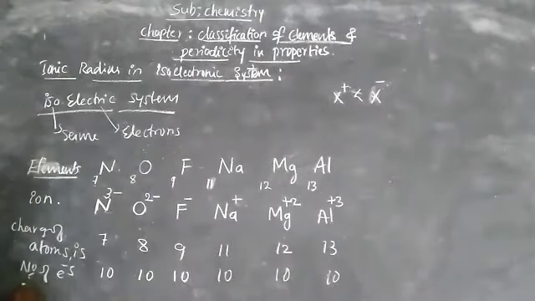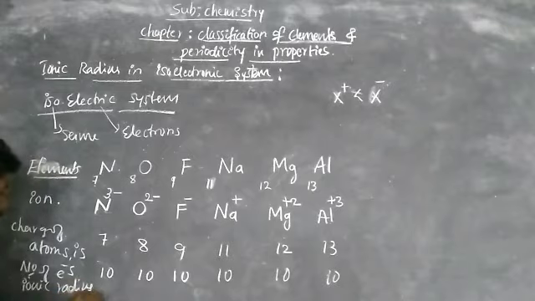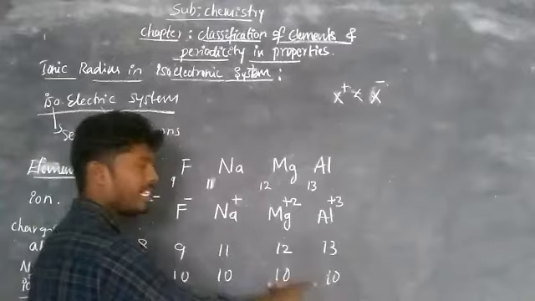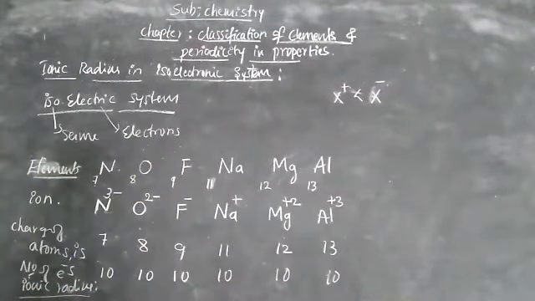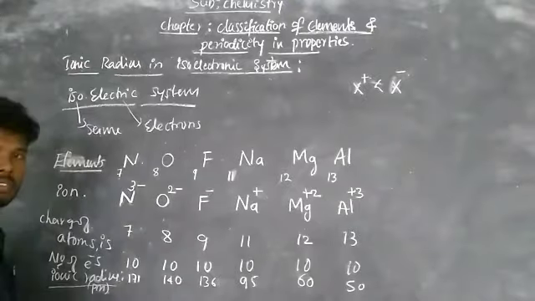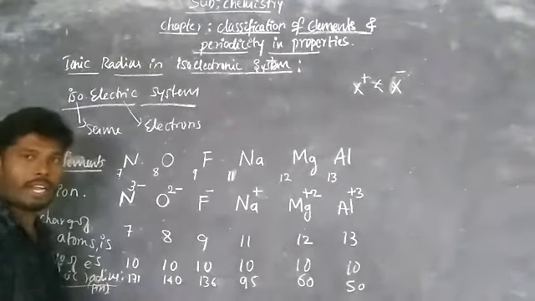Then the ionic radius changes. The cation has a smaller ionic radius than the anion. This is the variation of ionic radius.